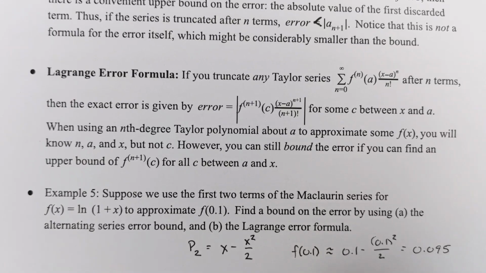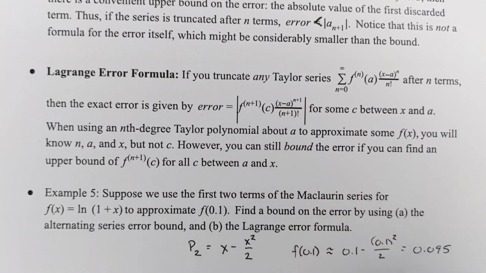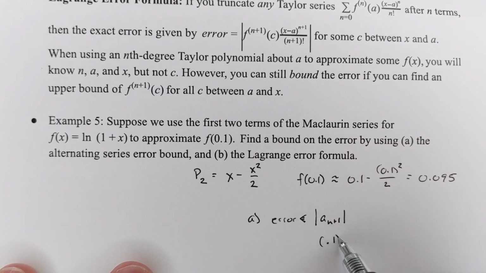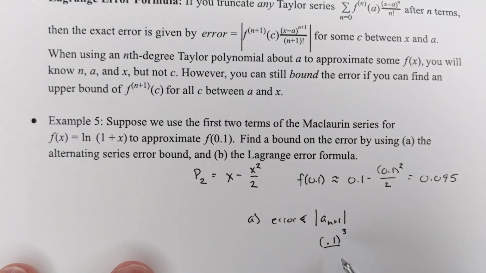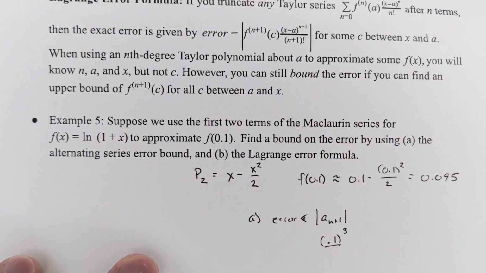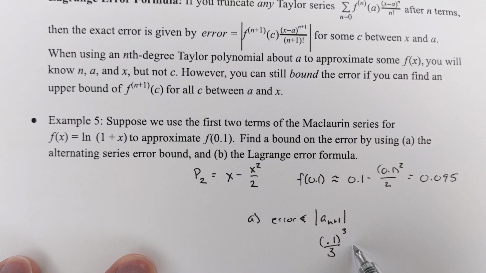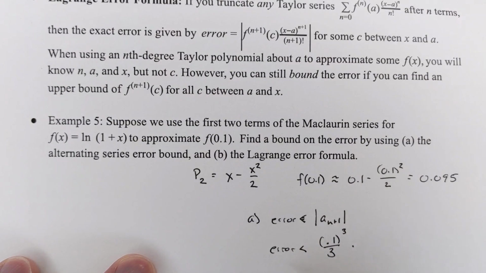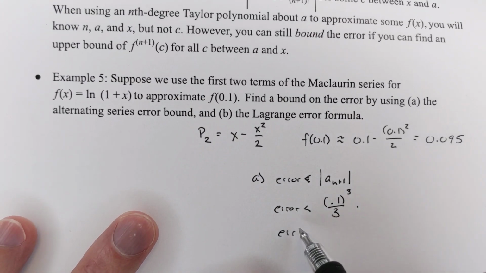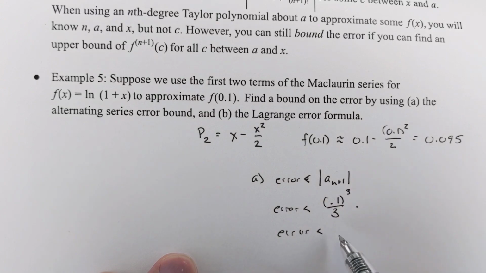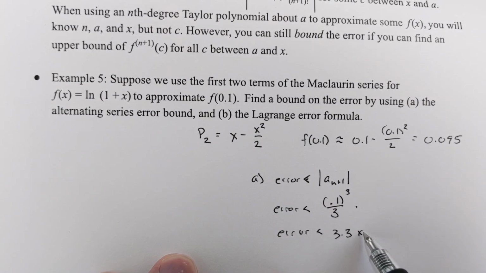So the error is less than the one term I didn't use, 0.1 cubed over 3. If I work this out, the error is less than 3.3 times 10 to the negative 4th.